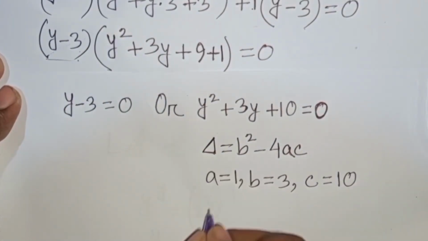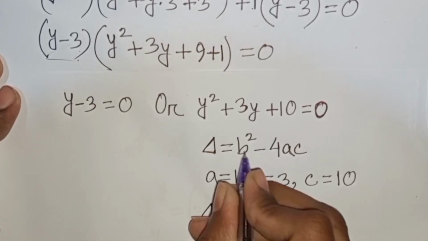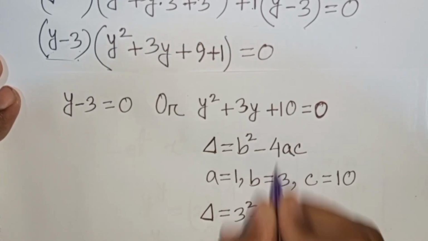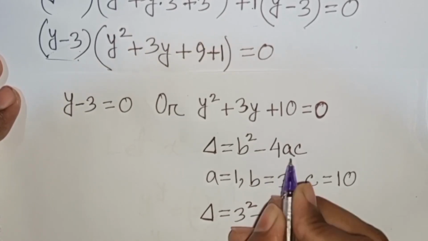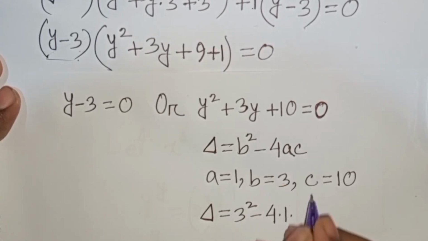Now we can write delta will be equal to b^2, that means 3^2, minus 4 times a, that means 1, times c, that means 10.